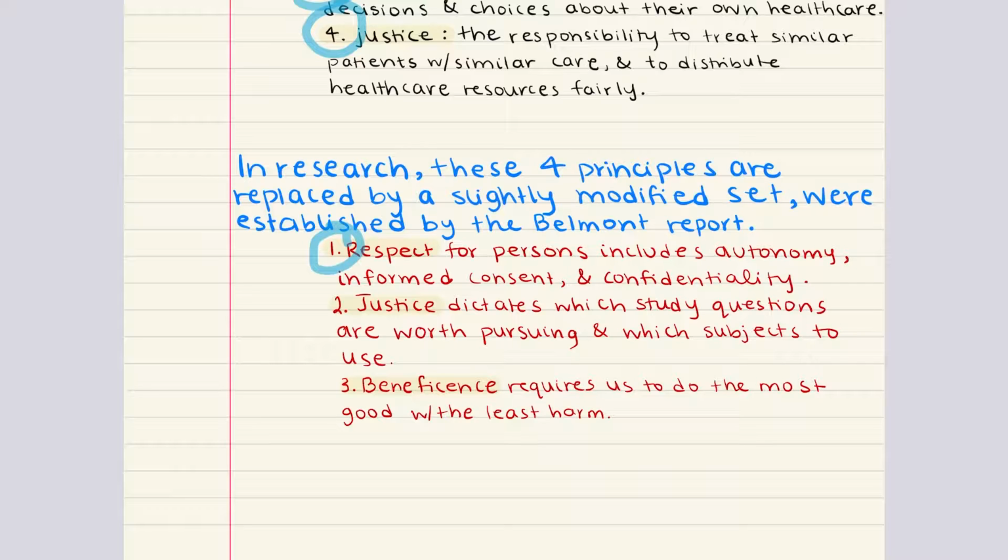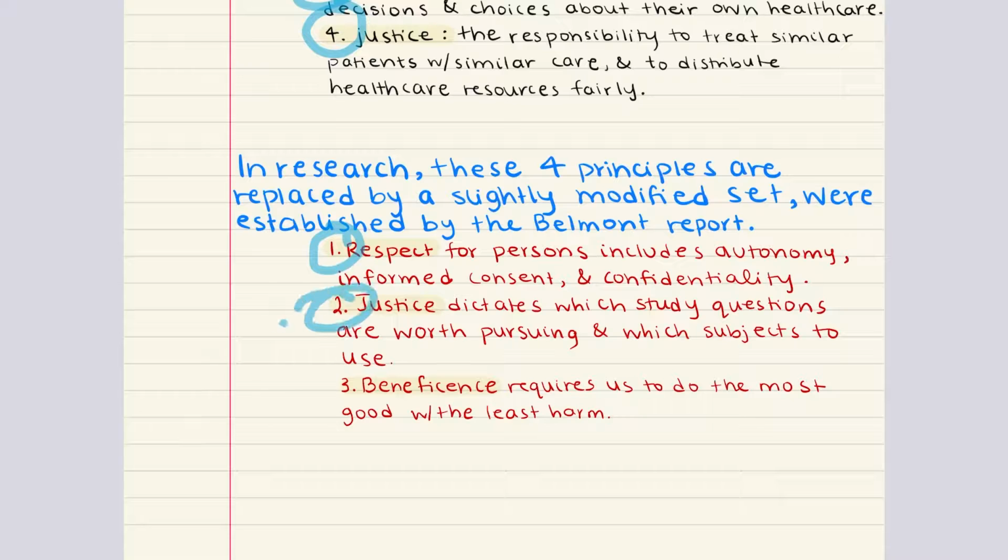So, for instance, in a clinical trial, participants must be provided with all of the necessary information about the study, including its purpose and the risks and benefits, so that they can make an informed decision about whether to participate. In addition, researchers must take extra care to protect vulnerable populations like children or individuals with cognitive impairments.